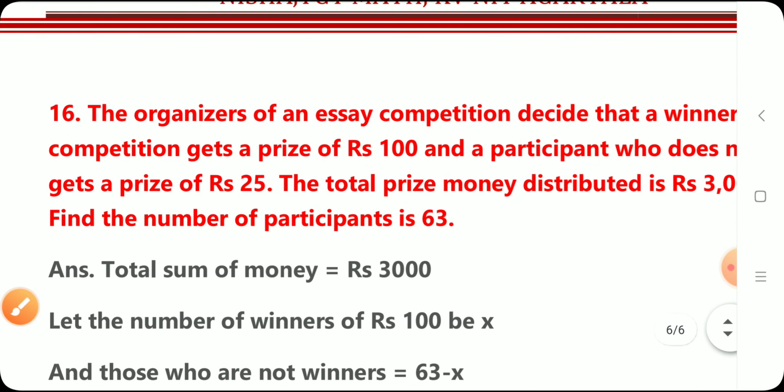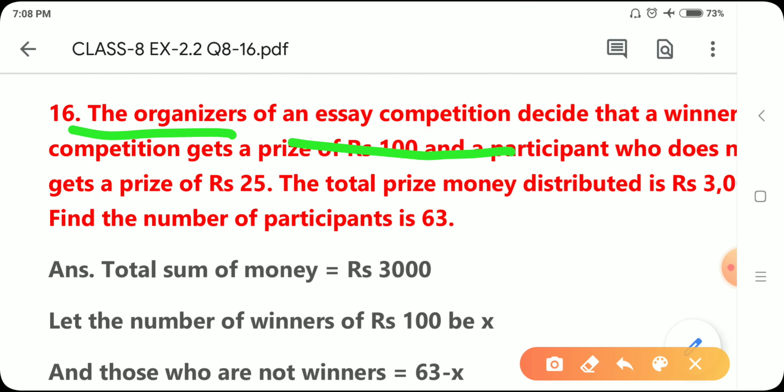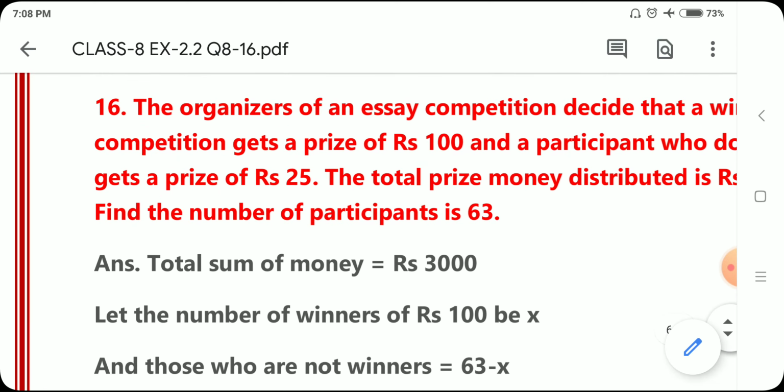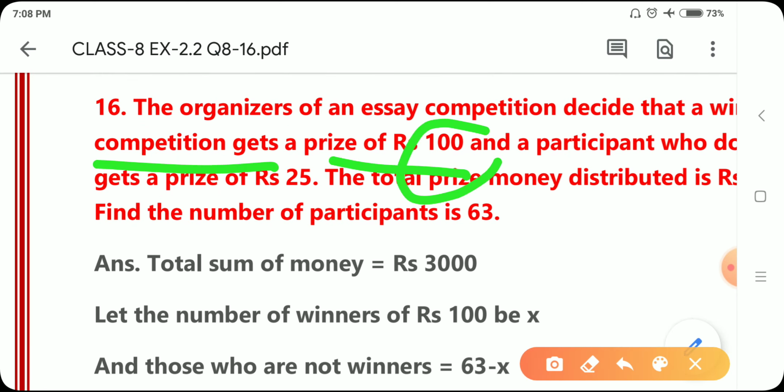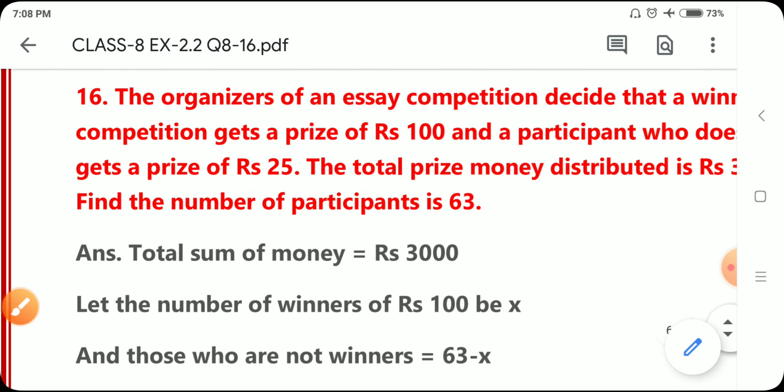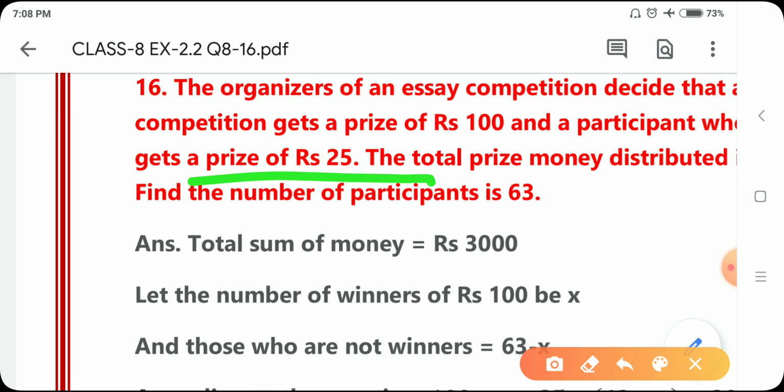Next question is, the organizers of an essay competition decide that a winner in the competition gets a prize of rupees 100, and a participant who doesn't win gets a prize of rupees 25.